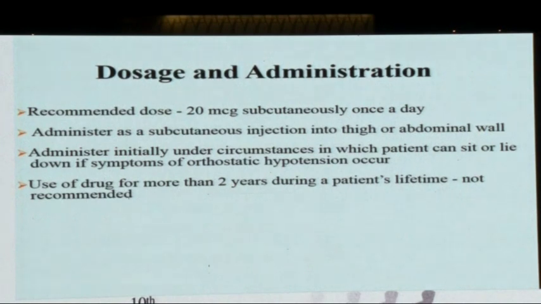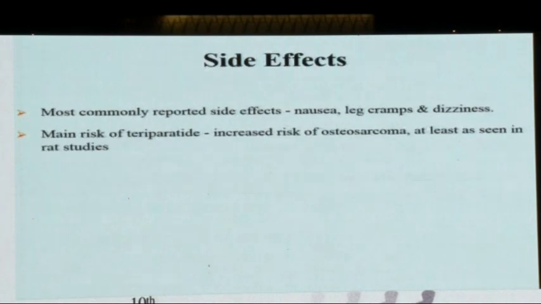Those all of us are familiar, administered initially under circumstances in which patient can sit or lie down if symptoms of orthostatic hypotension occur. Use of the drug for more than 2 years during a patient's lifetime is not recommended. In this particular patient, it was used for 1.5 years.